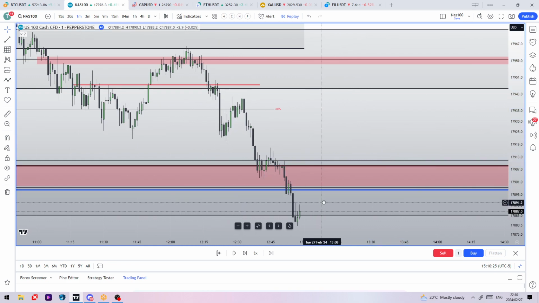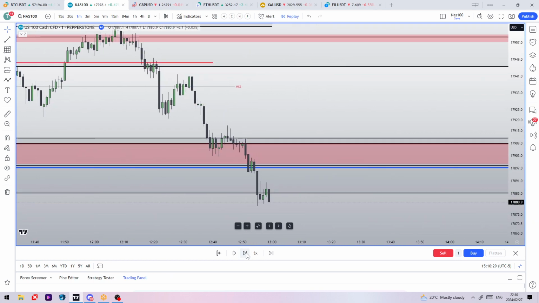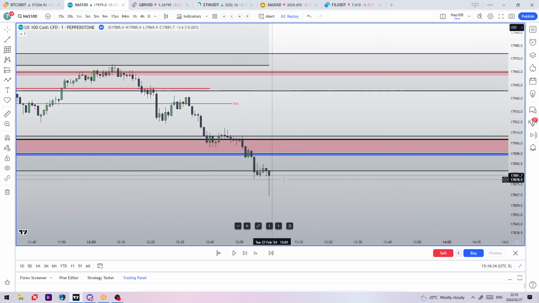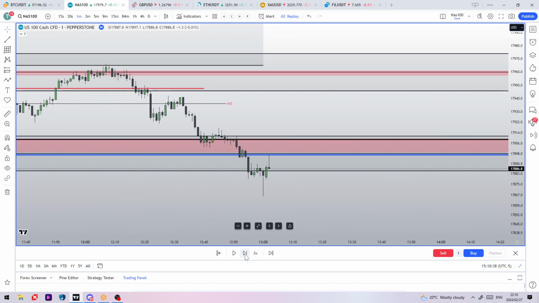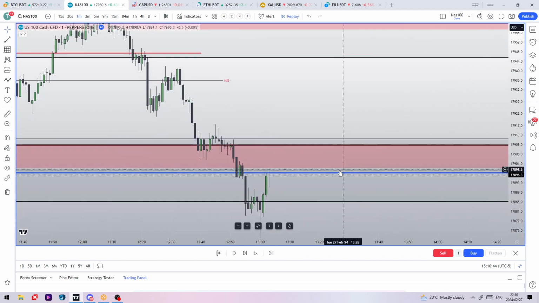Now that we've run it, what are we looking out for? Turtle soup. There you go. They close above this high right here to the left.